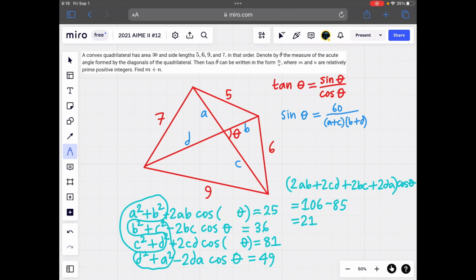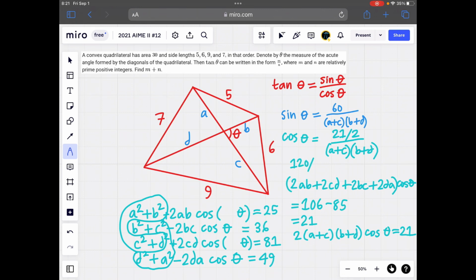So this expression inside the parentheses, that's 2 times A plus C times B plus D. So 2 times A plus C times B plus D cosine theta is 21. And so cosine theta is equal to 21 over 2 divided by A plus C times B plus D. Now, if we want to divide these two, which is what tan theta is, we get 60 divided by 21 over 2.